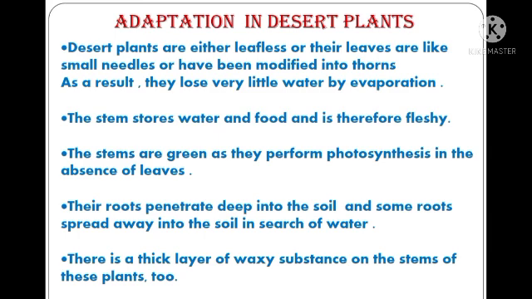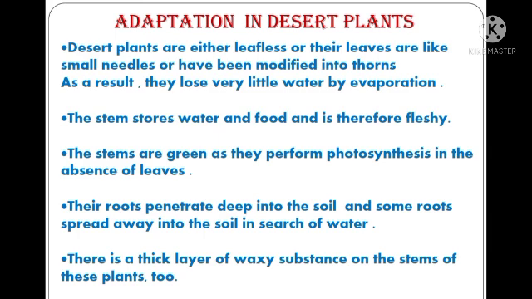Second point, the stem stores water and food and is therefore fleshy. We know, students, the best example of a desert plant is the cactus plant. The cactus plant doesn't have leaves. Their leaves are modified into thorns and the stems store food.